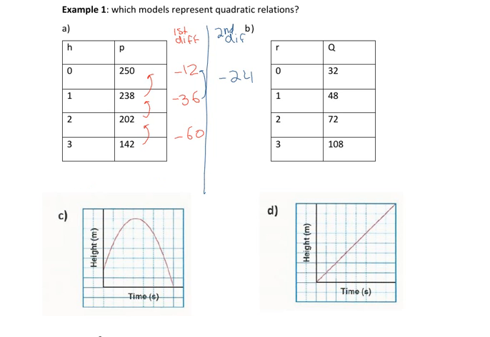And then negative 60 take away negative 36, that's also negative 24. So what can you tell me about the second difference? Constant. Therefore, quadratic. The second difference is constant, therefore it's a quadratic relation.